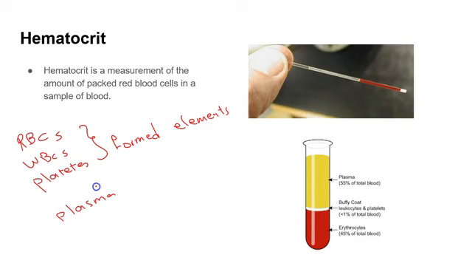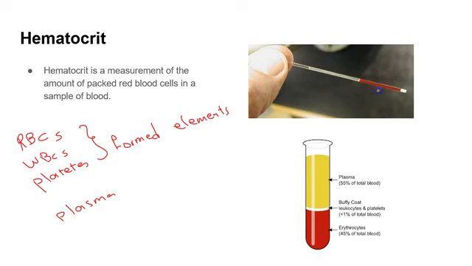To study these components, we use a process called centrifugation. The spinning separates the blood into layers based on density. As you can see, the hematocrit tube that we did in our lab, after centrifugation, we could separate our blood into some layers.